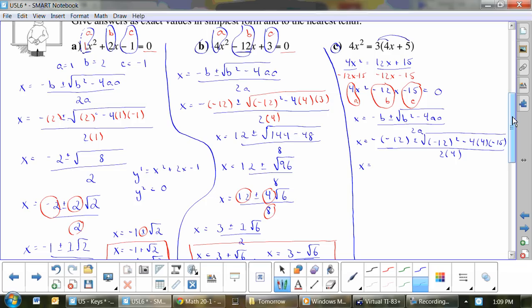So we get negative 12 is positive 12. Plus or minus, what goes underneath that square root sign? 144 plus what?